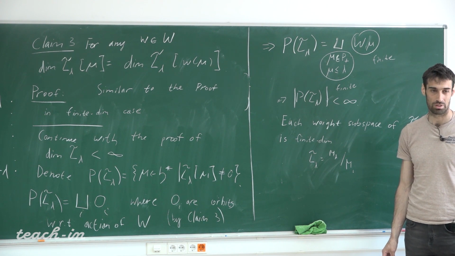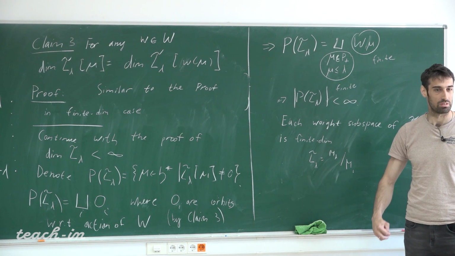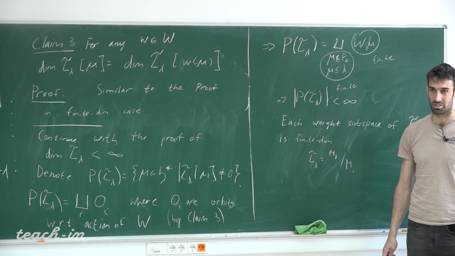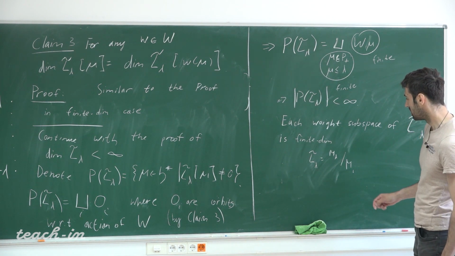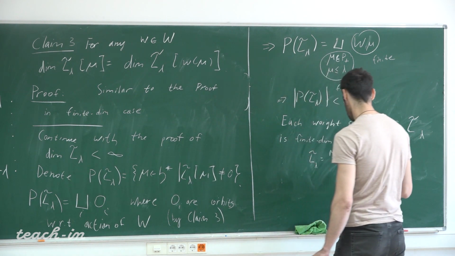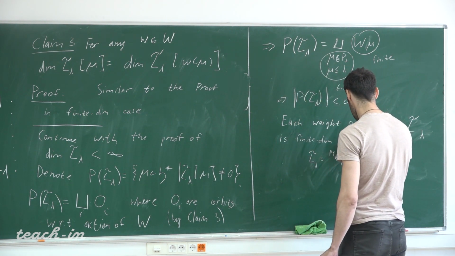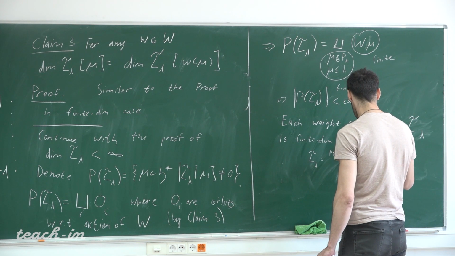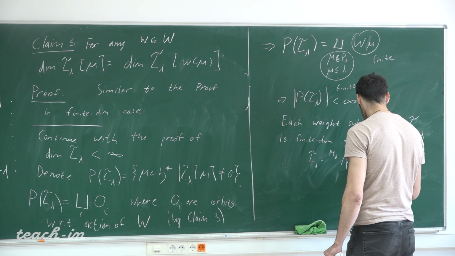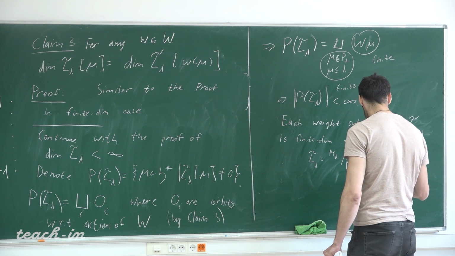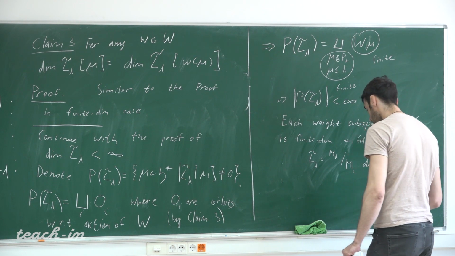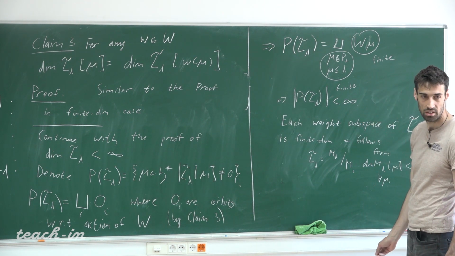It again was one of the problems from the previous list, and we actually did prove it. So this follows from the dimension of M lambda mu being less than infinity for each mu. So we are done, right?